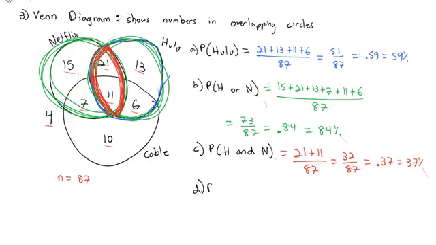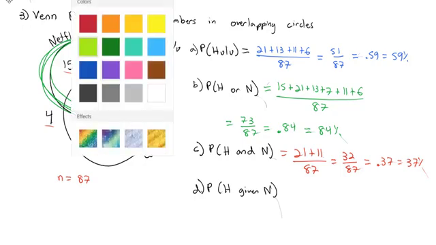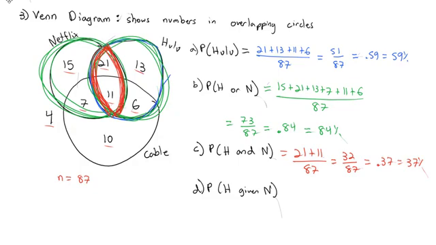The last one we have is the given. What's the probability that they're Hulu given that they're a Netflix subscriber? Now, this is going to be a little different because given says we're going to ignore everyone outside of the given information. Given is Netflix. So I'm going to only look at the Netflix circle, now circled in purple. Nobody else exists. And I want to know, of those people, how many are Hulu subscribers? Well, there's the 21 and the 11 Hulu subscribers, 21 plus 11.